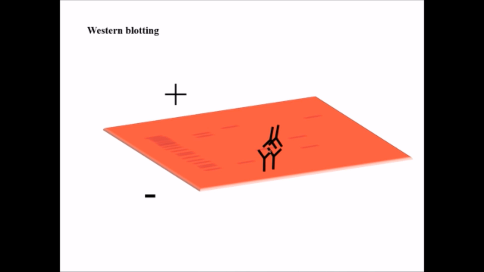We will wash out the membrane so that the unbound antibody is washed out, and then we will apply again an antibody which has a certain probe. It can be a fluorescent compound, or it can be an enzyme.